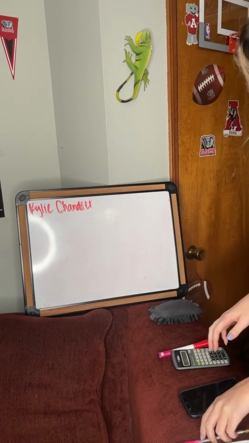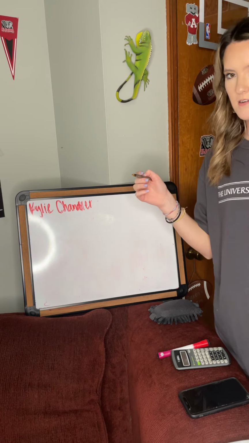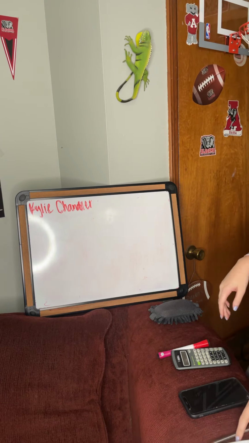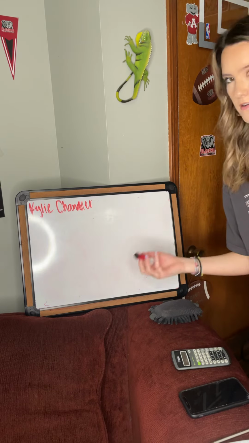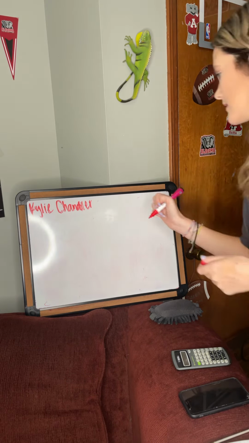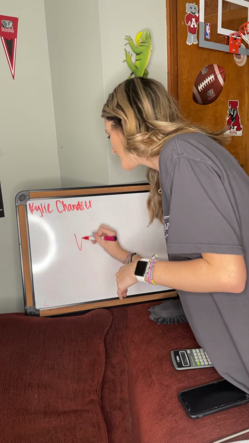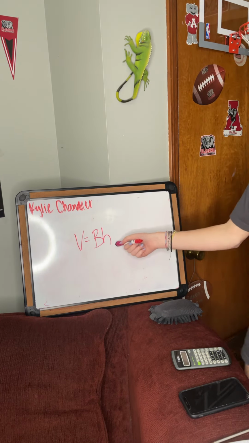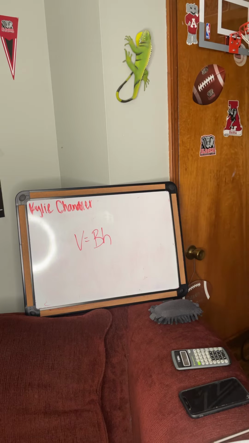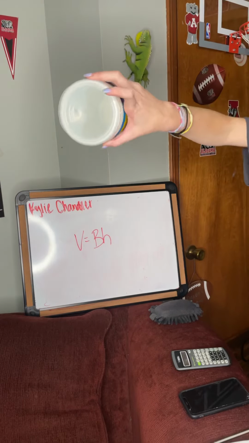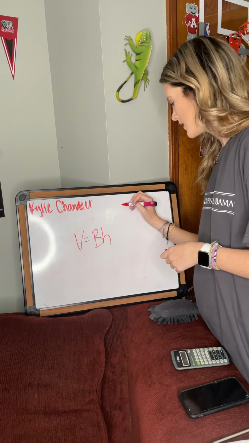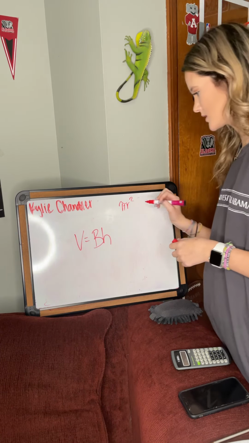Okay, so today we're going to be using volume and surface area with circular cylinders, as I showed. We're going to start off with 10.4, which is volume. The formula for volume is V equals big B H. We know that H is height, but what some people have trouble with is what is big B. Big B is the area of the circle, and the area of a circle we know is pi r squared.